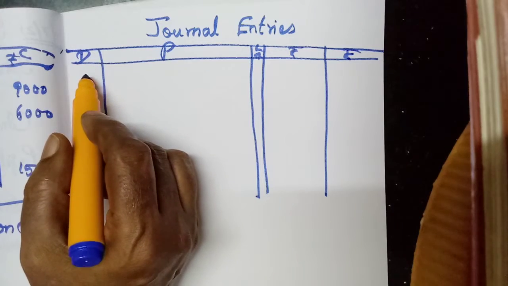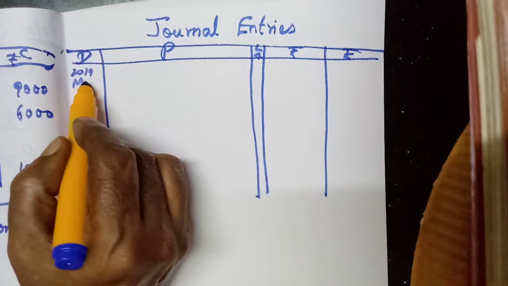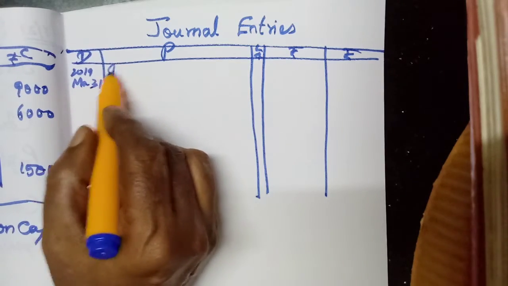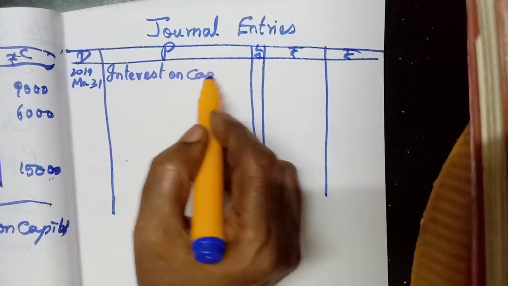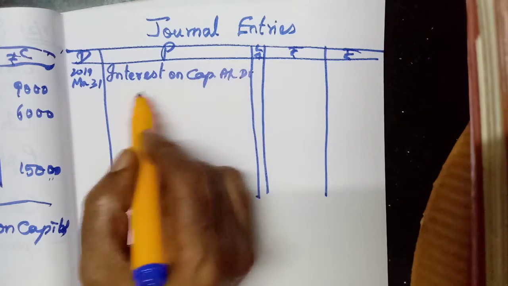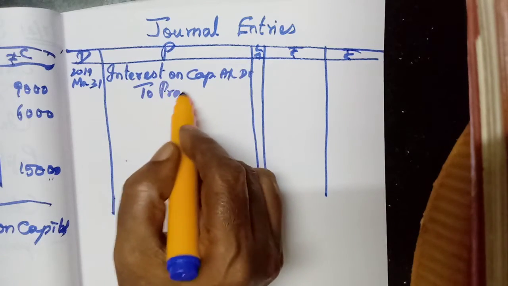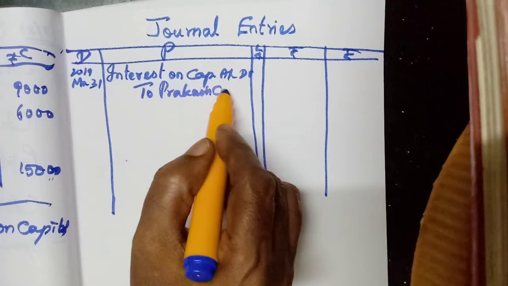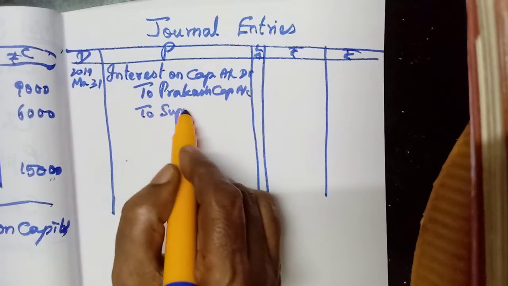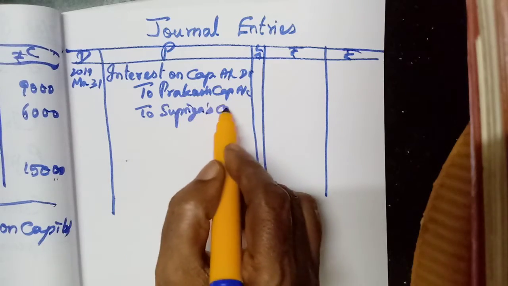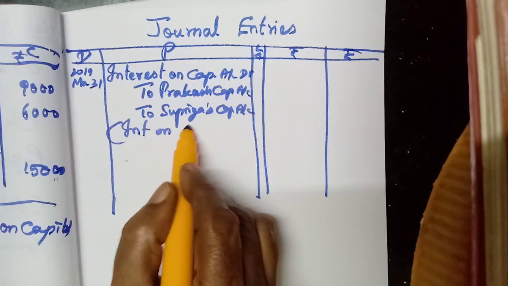Which date? Last date, 2019 March 31. Interest on capital account debtor to partners' capitals, isn't it? Prakash's capital, to Supriya's capital account. Interest on capital provided.